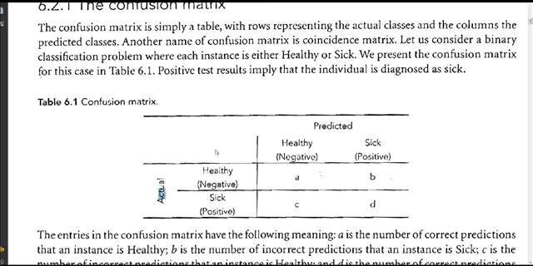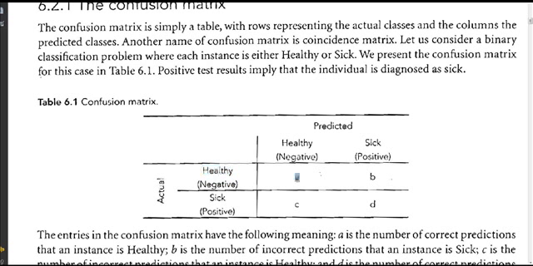So what we have here across the first row, since we're going across the row, we're talking about actual. So the people are actually healthy. Now usually, when you're talking about medical tests, that means you tested negative for the disease. That's called healthy. So the people were actually healthy.